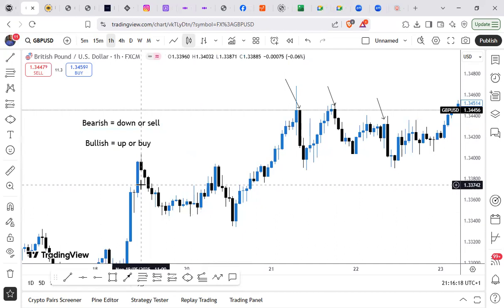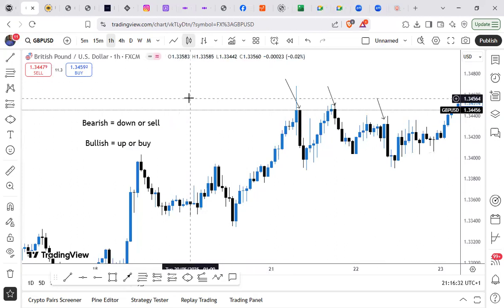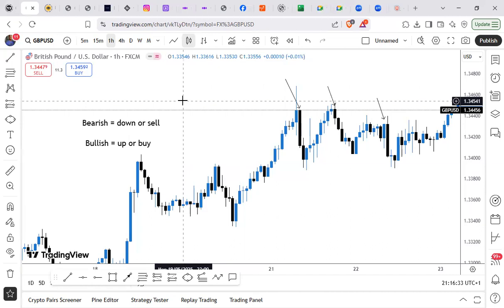You understand? So when you hear bearish, it means that it is a sell formation. When you hear bullish, it means that it is a buy formation. So whenever you hear bearish engulfing, this is what we mean.